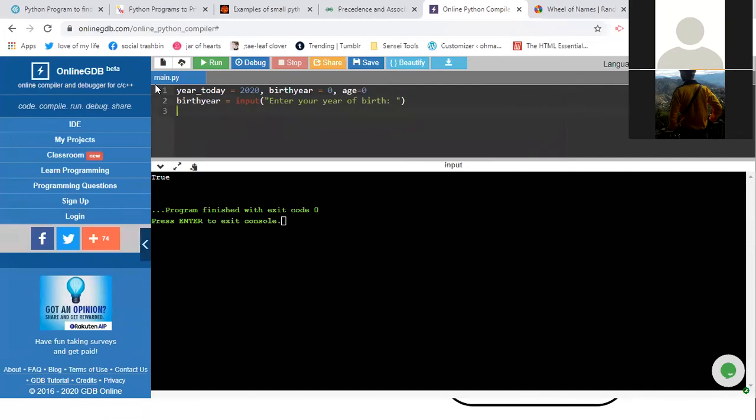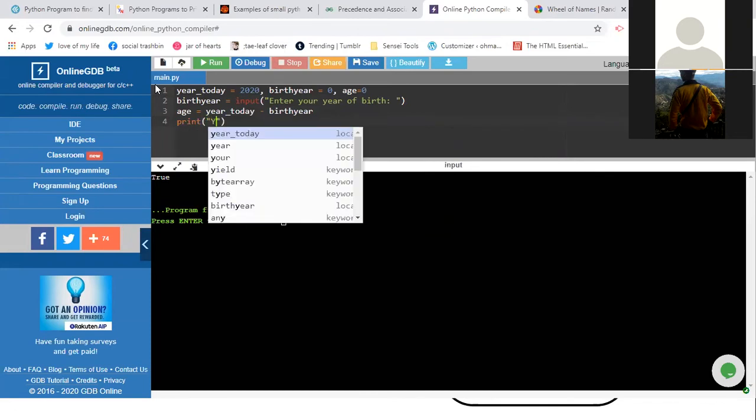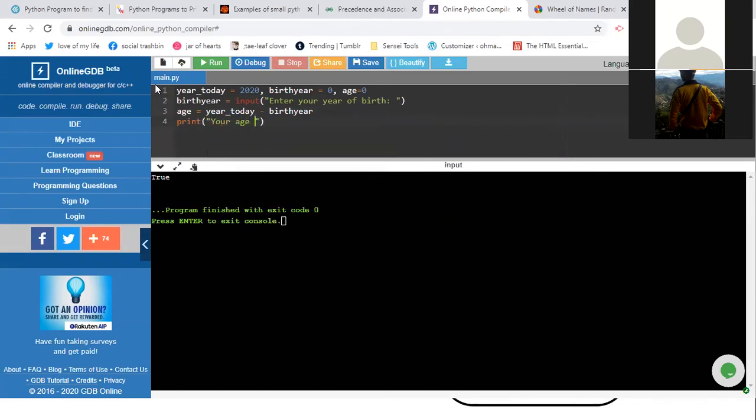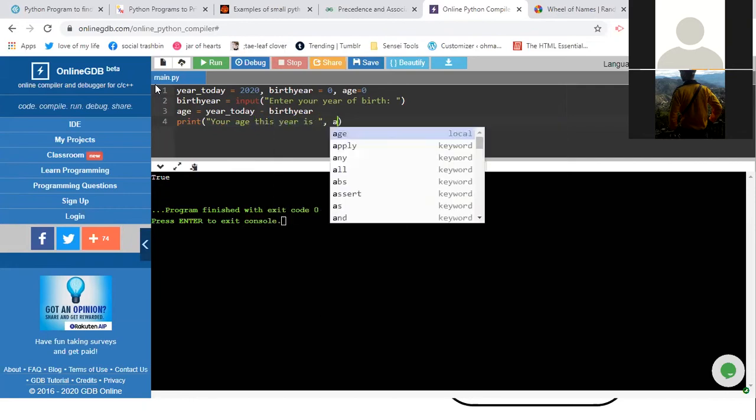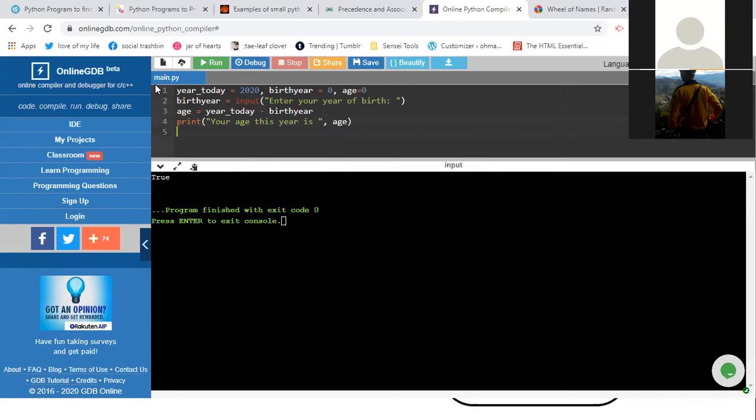Followed by process. Process, we have the equation age equals year today minus birth year. Followed by output. The instruction is to print "Your age this year is", and then display the value of age.